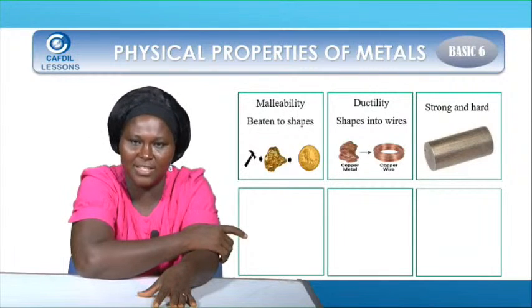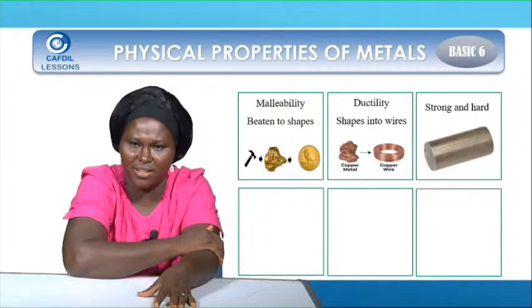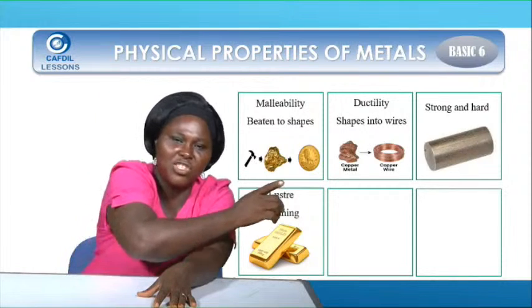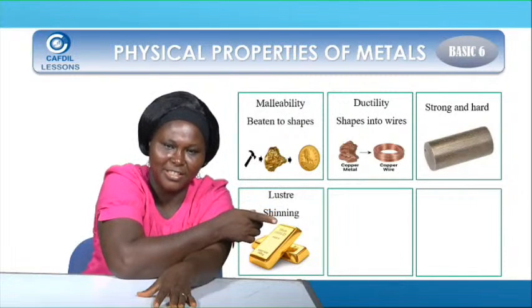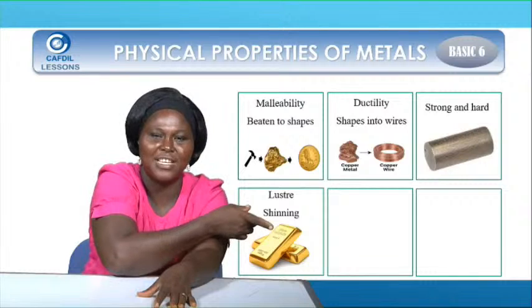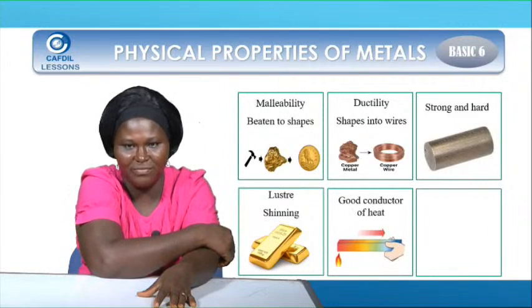Let's look at this metal. It is very strong and hard. We have lustre. Lustre, that is shining. So when metals shine, it shows the property of lustre.